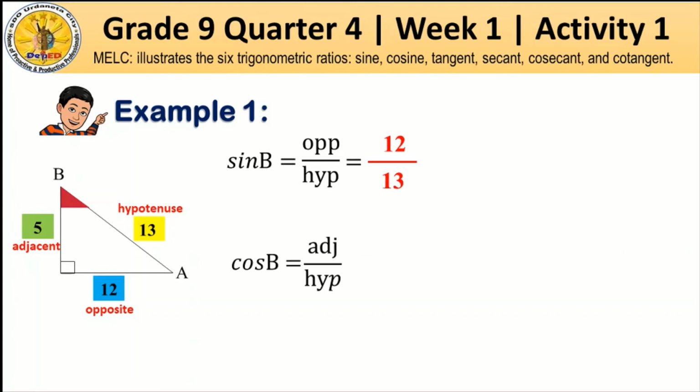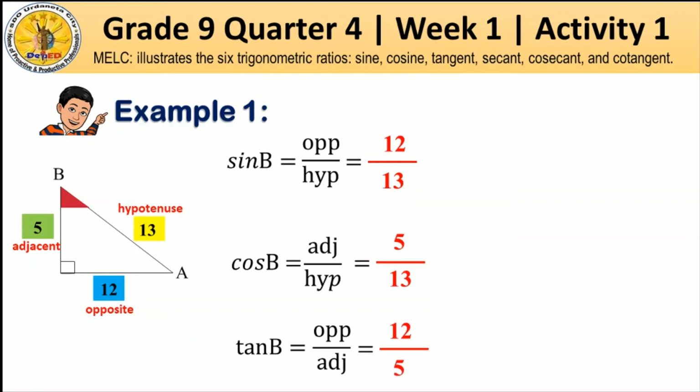Cosine B is equal to adjacent over hypotenuse, and based on the illustration, that is 5 over 13. Tangent B is equal to opposite over adjacent, or that is 12 over 5. Cotangent B is equal to adjacent over opposite, and that is 5 over 12.